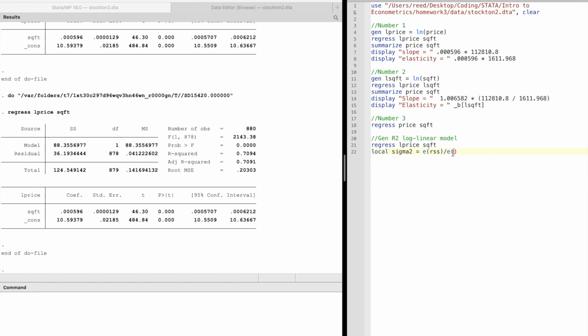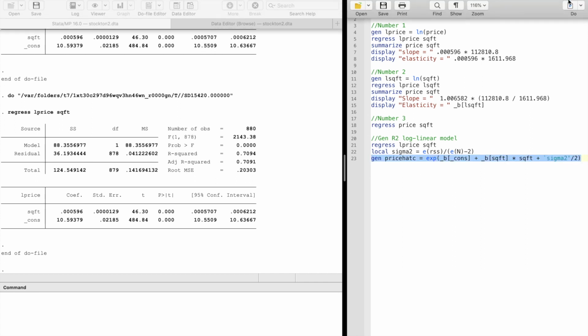So our sum of squared errors divided by sample size minus 2, so that's the degrees of freedom, and then we can generate our price hat corrected measure equals exponential of our constant plus square footage times square feet plus that local variable sigma squared over 2.